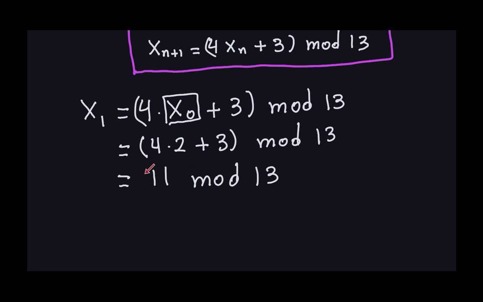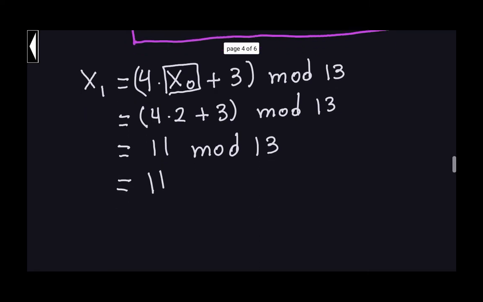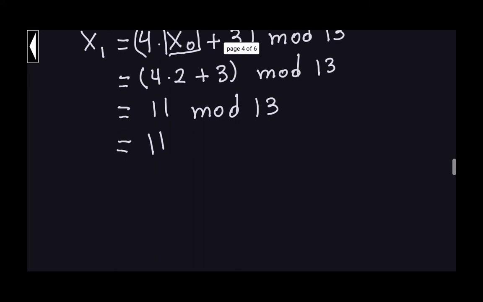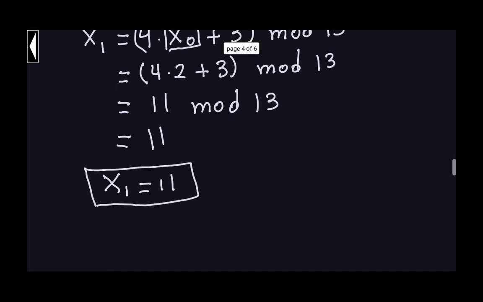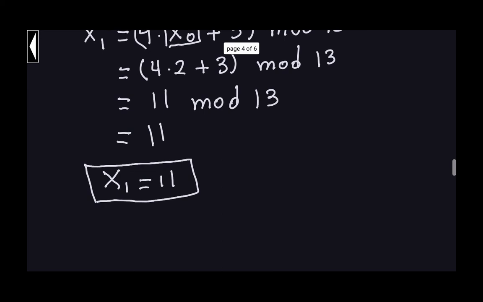So that will be 11. What happened here is that we computed x1, and x1 happens to be 11. That will be the next number in that sequence.